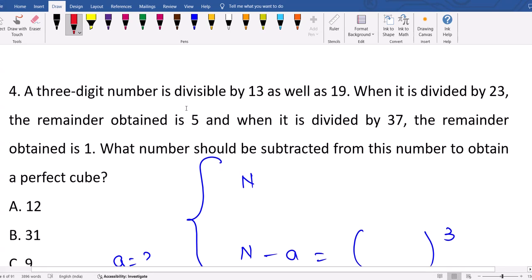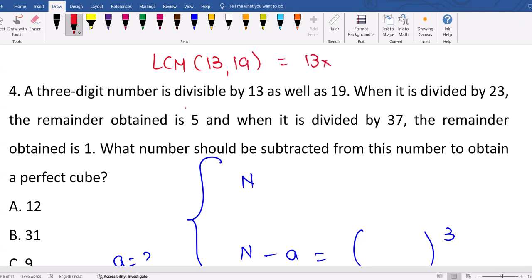First thing, the number should be divisible by 13 and 19, which means we should take the LCM. As they are prime numbers, the LCM is 13 into 19 only. 13 times 10 is 130 and 13 times 9 is 117. We got 247. But listen, 247 is not the answer.